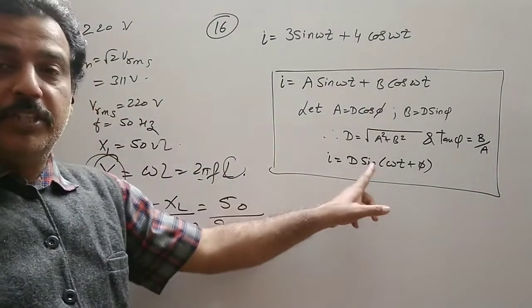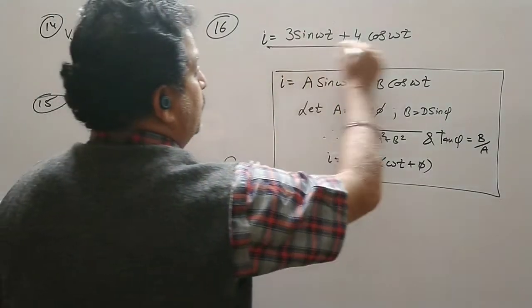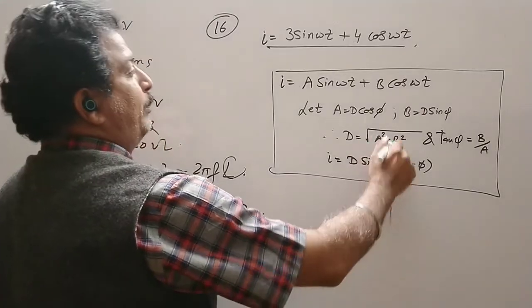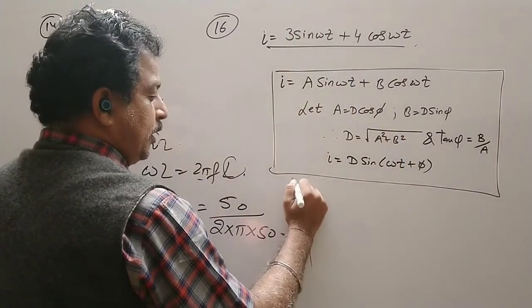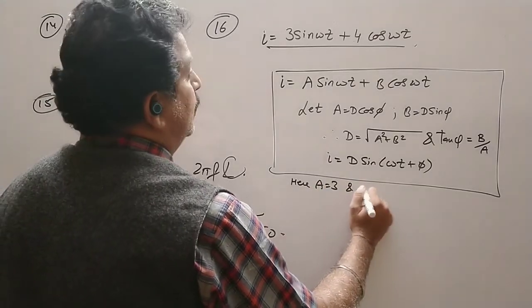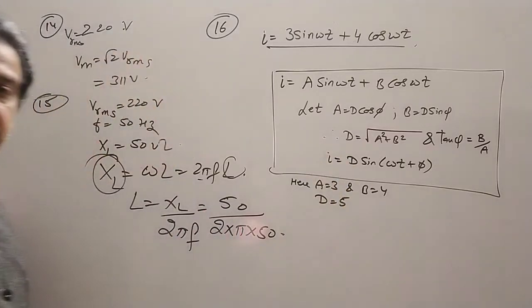Now if I compare this equation here, D is under root A square plus B square. In our given question, A is equal to 3 and B is equal to 4. So D comes out to be 5.